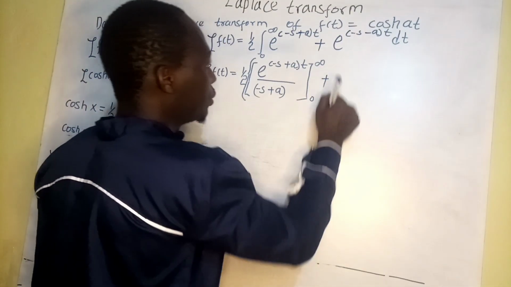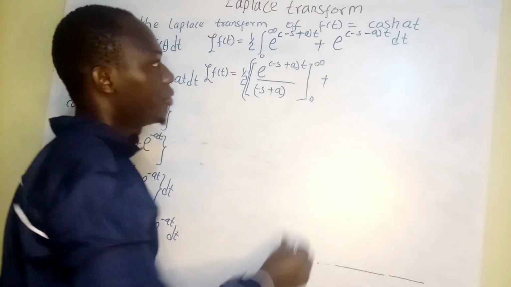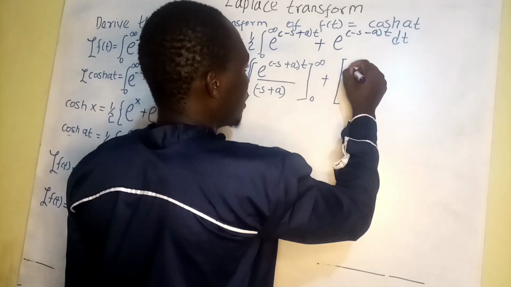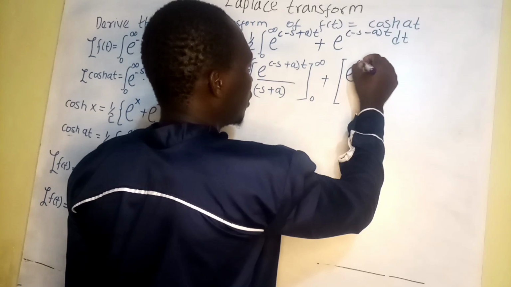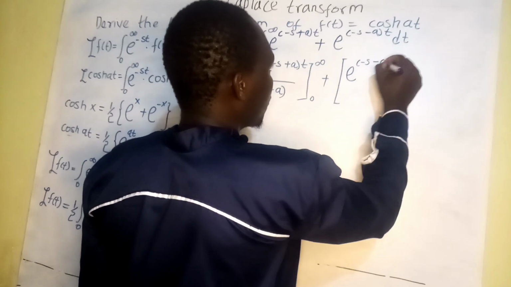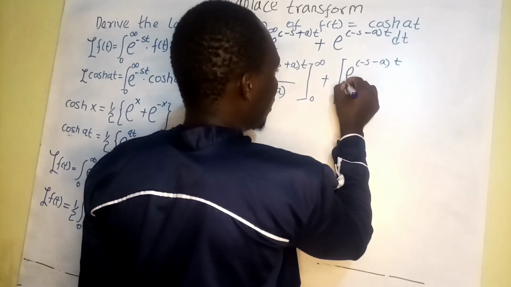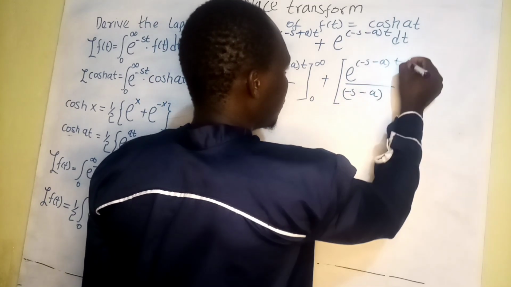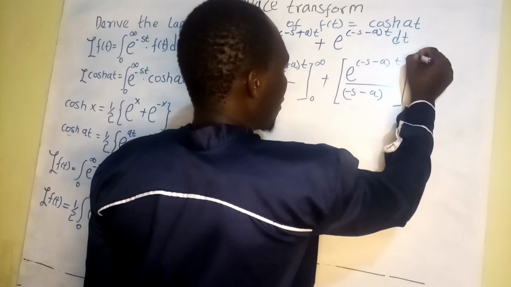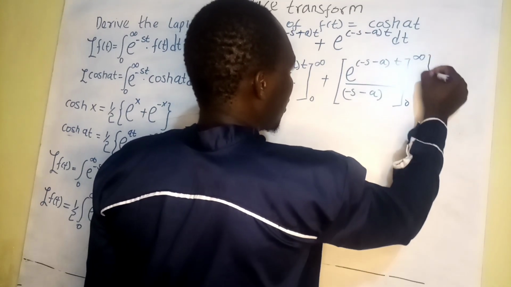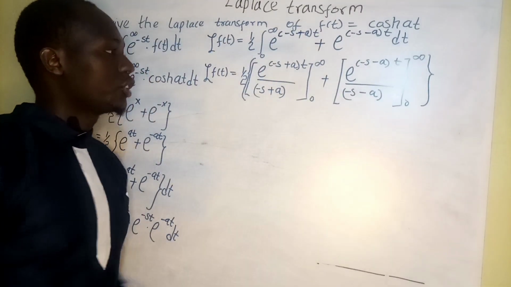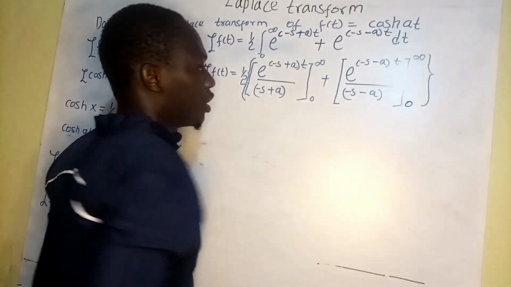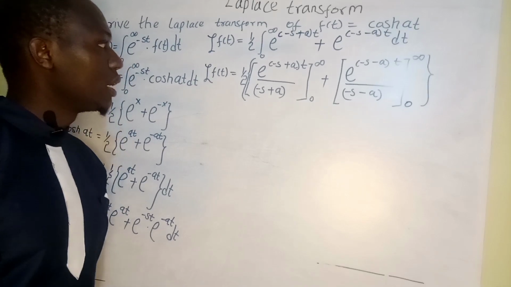We then add our integration here, exponential negative s subtract from a, t, all over negative s subtract from a, with respect to our limits.